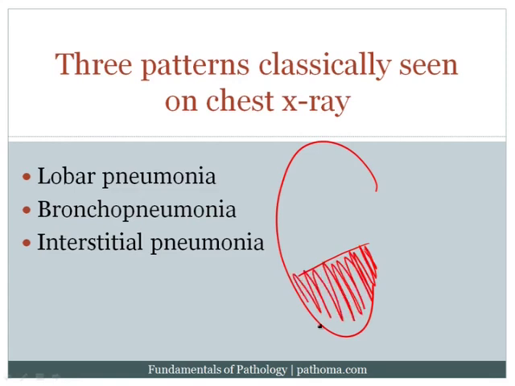Another possibility would be that you have consolidation that runs along the small airways, so it would be distributed in a patchy manner along the small airways, and that's called a bronchopneumonia. And then the third possibility is where you don't have consolidation, but instead you have inflammation within the interstitium of the lung. And of course, the interstitium is the connective tissue of the alveolar air sac.